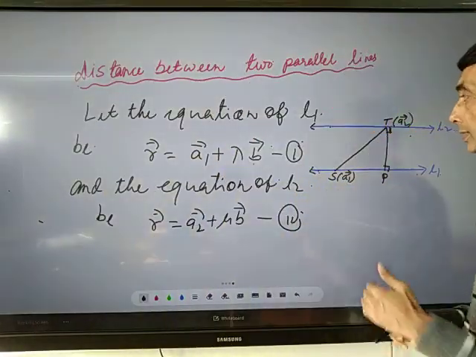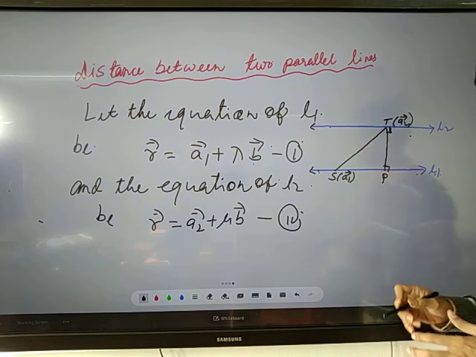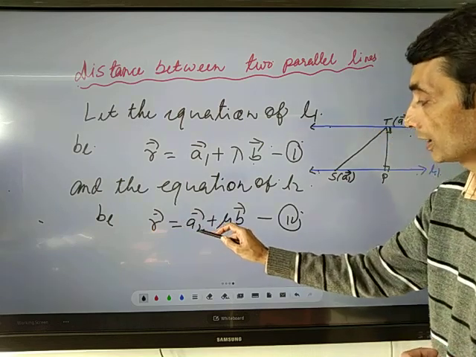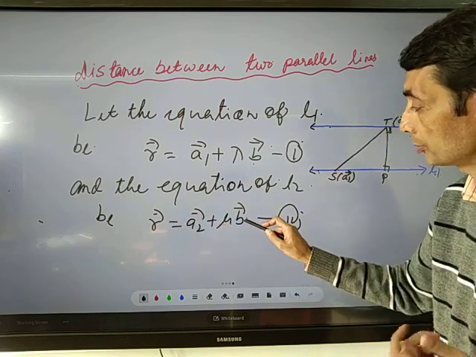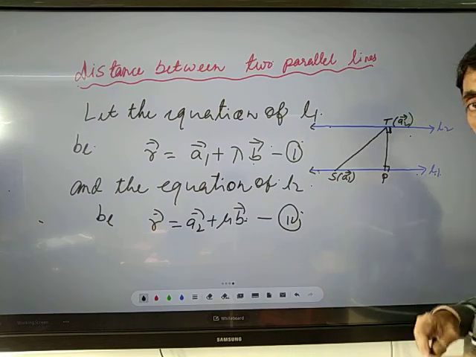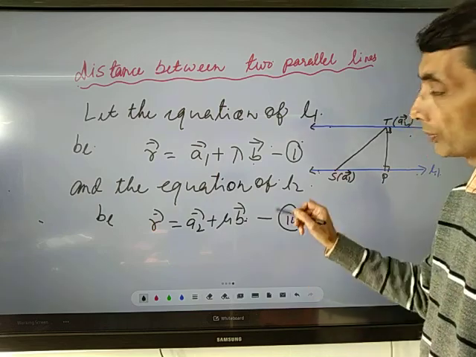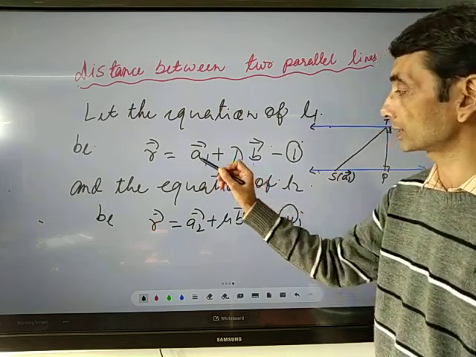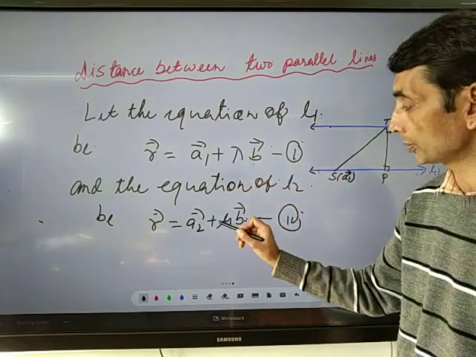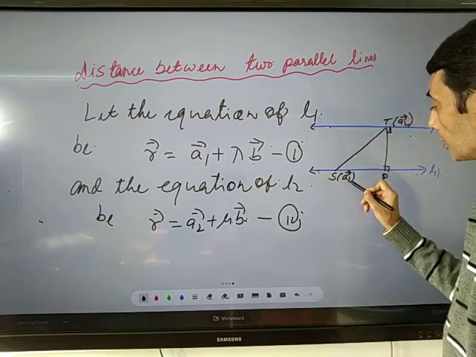Vector B is parallel to line L1. So since these two lines L1 and L2 are parallel, to write the equation of the second line we can use this vector B, because B is parallel to L1, so naturally L2 will also be parallel to B. So we can write the equations of the two lines as A1 plus lambda B and A2 plus mu times vector B. Now what is A1?